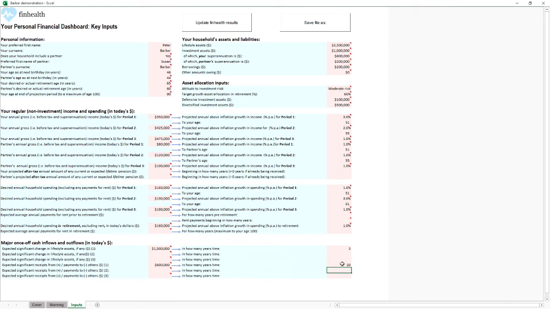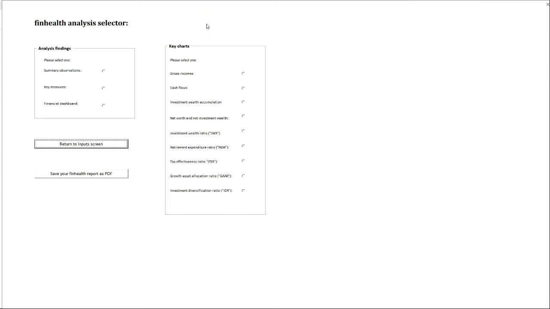With the initial inputs for the Barbers complete, we can now briefly examine the finhealth findings. Clicking the Update finhealth Results button takes you directly to the finhealth analysis selector. The selections available under the Analysis Findings section are 1. Summary Observations. This report directly examines how much annual retirement spending, current and projected net investment wealth could confidently support. 2.